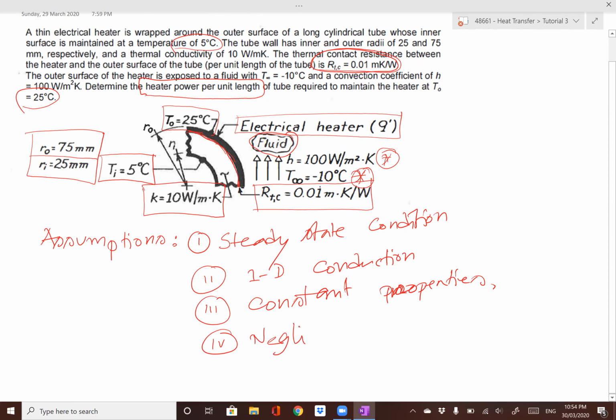Another one is negligible temperature drop across the heater.